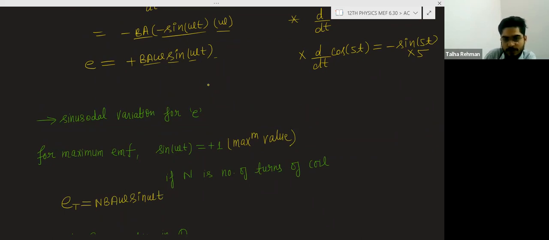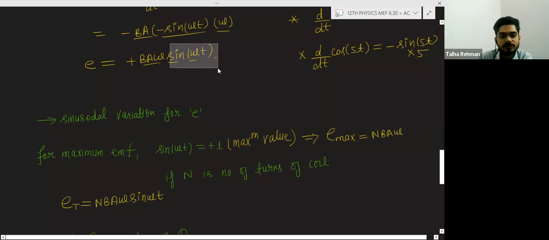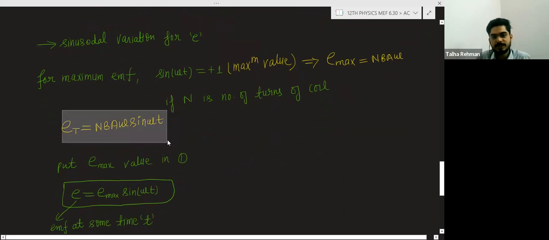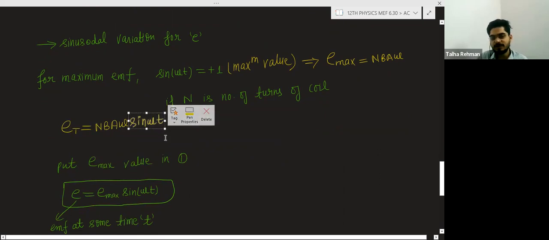For the maximum value of EMF, you will put sin omega t as 1. Here you do not put it, because this is for one turn. For n turns, this is the EMF. So here you put sin omega t as 1 for maximum EMF, and you will get nBA omega. So now E max is nBA omega.